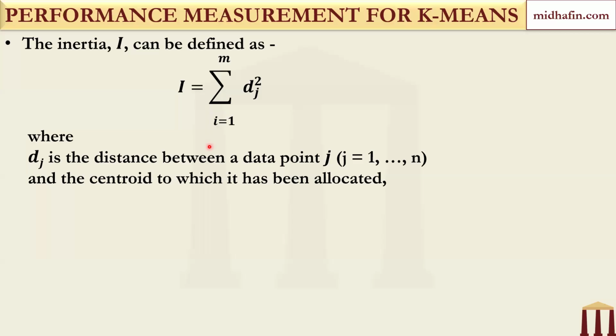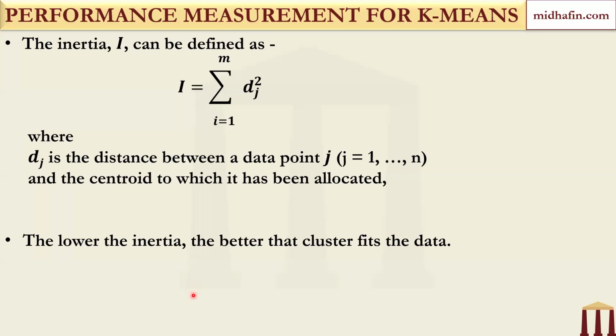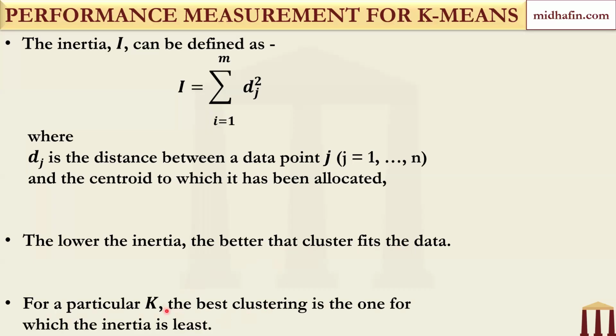Now, why do we care about inertia? We care about inertia because the lower the inertia, the tighter our clusters are and the better that cluster fits the data. Okay. And how do we use this to decide on the best clustering now? For any given value of k, the best clustering is the one for which the inertia is the lowest.